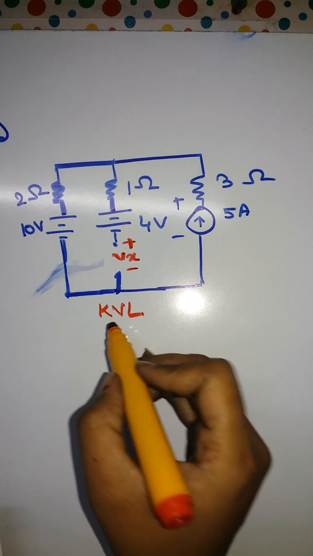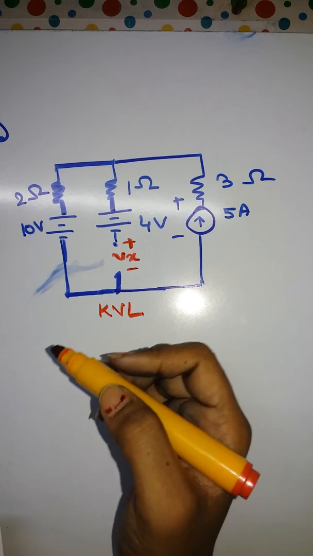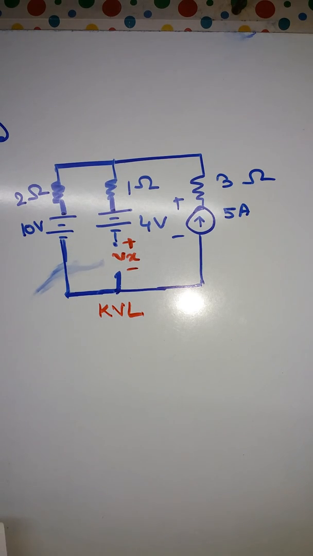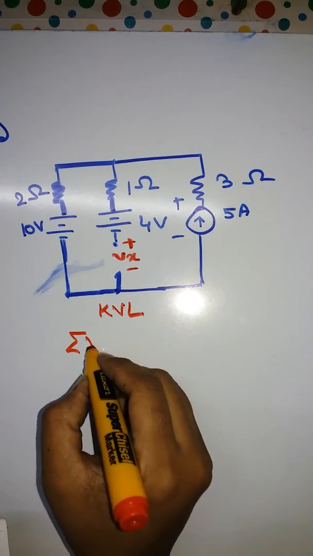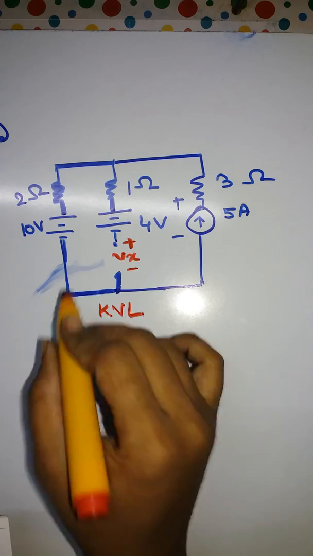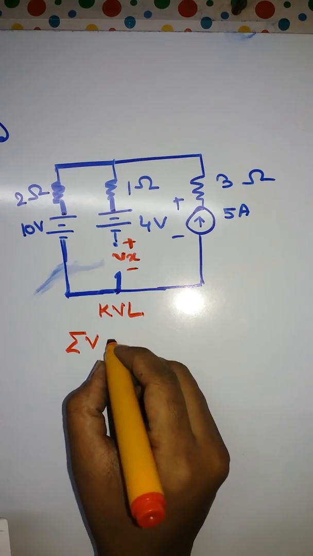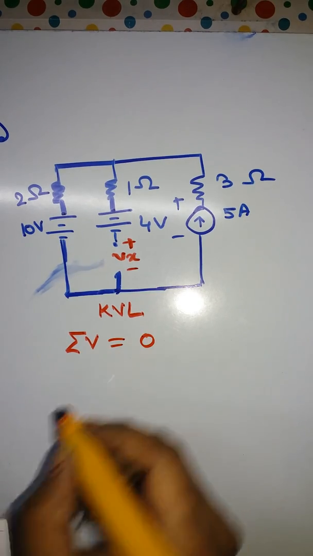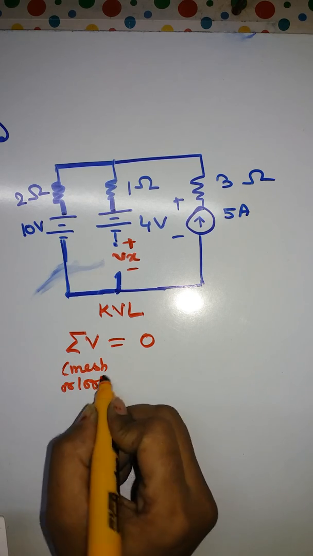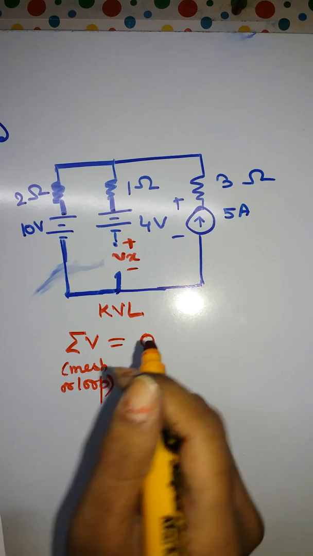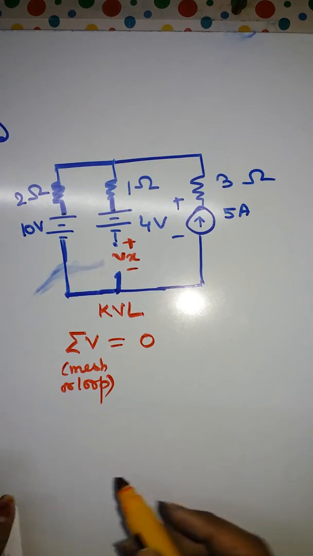KVL. Now what does KVL say? It says that the summation of all the voltages in a mesh or loop should be 0, right? So now let's see.